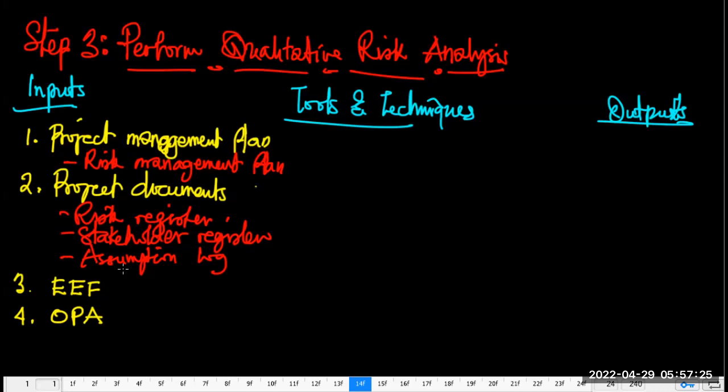With the EEF, remember the industry studies, academic studies, published materials, and what have you. And the organizational process assets can obviously influence qualitative risk analysis. For instance, you may need information from similar projects conducted in the past.